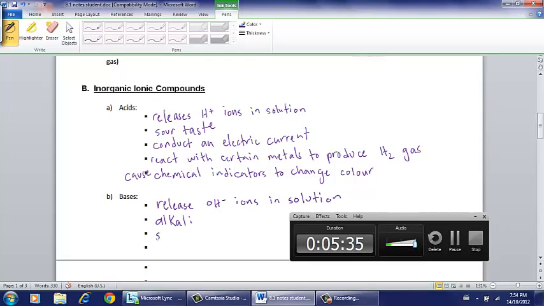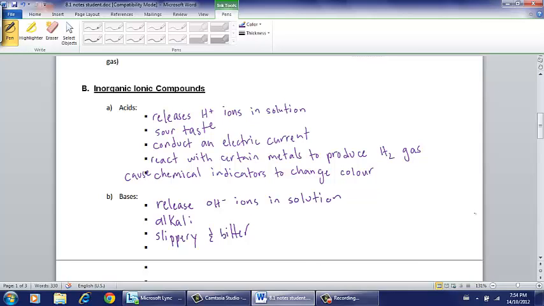Bases are slippery and they're bitter. They also conduct an electric current. Again, just like all ionic compounds.